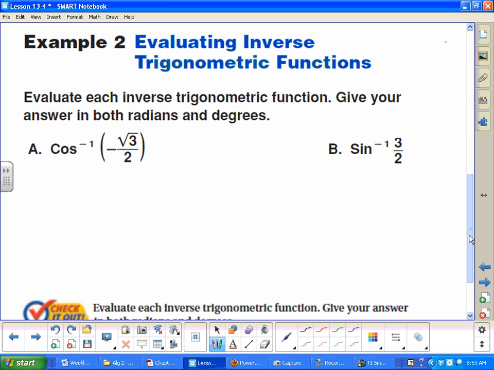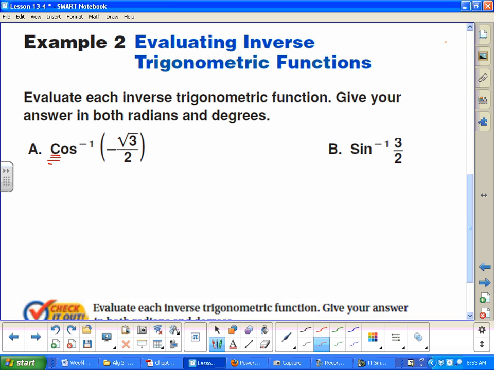So when we're talking about restricted ones, here's the difference. This says evaluate each inverse trigonometric function, give your answer in both radians and degrees. And this is a capital letter, so that means they're not trying to find all of them.